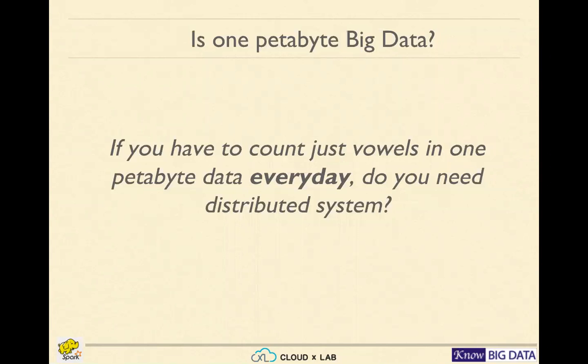If you have to count just vowels in 1 petabyte of data every day, just count how many vowels there are. That's all. Or even simpler, is the total number of vowels odd or even? If you just have to do that.